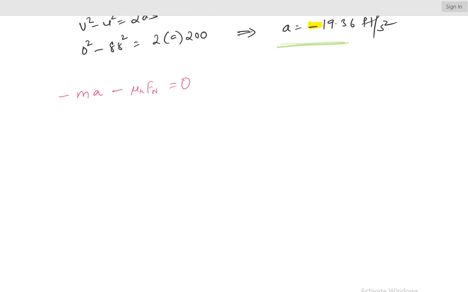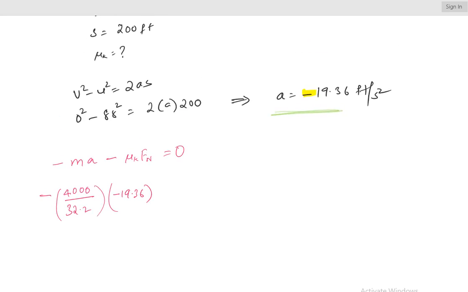Is equal to 0. Okay, minus mass is actually, we know 4,000 pounds is the weight of the car. Weight is force, so we need to convert that to mass. So that's why we do 4,000 over 32.2, times a is negative 19.36.